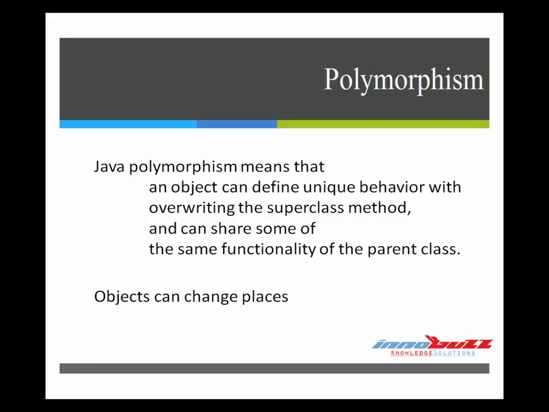So when we define a reference argument in our program, we can change it with another reference which is a child of that, or implements the defined argument, because the child can do everything that the parent can in Java. It has the same methods and fields, and even more.